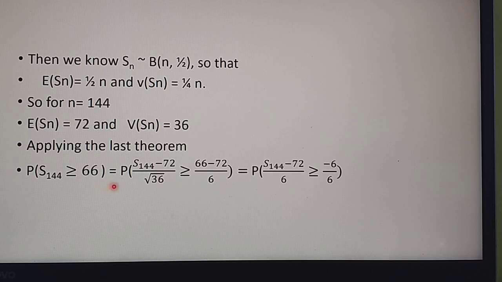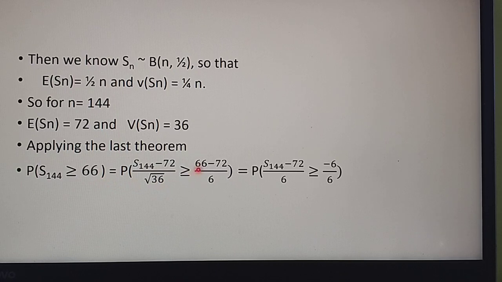In order to apply the last theorem, Sn minus expectation of Sn is 72, and the square root of the variance of Sn is the square root of 36, which is 6. So this is Sn minus expectation of Sn by root over variance of Sn.